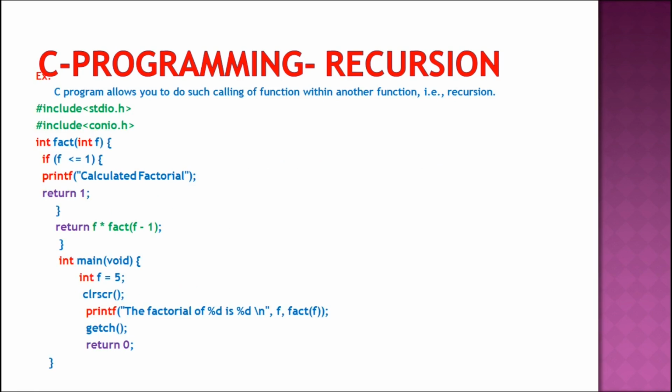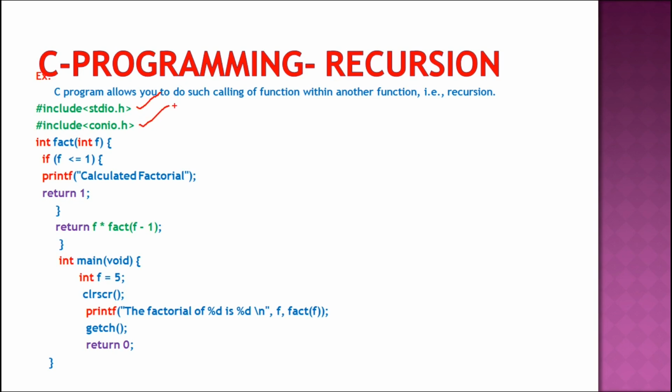Okay, we have one example for a recursive function. First we include our standard input, our header, and after that we include the console input output headers.